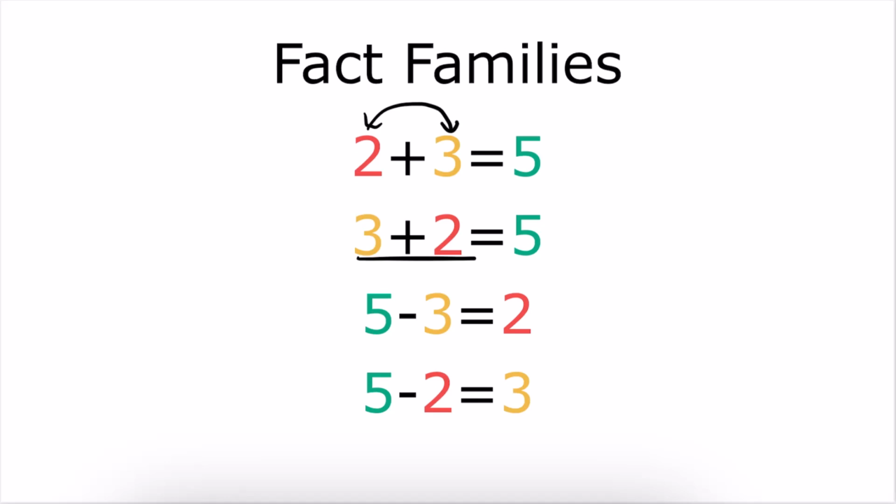So addition and subtraction are inverse operations because they undo each other. And so the addition fact 2 plus 3 equals 5 can be rewritten as 5 minus 3 equals 2. Or you can also write it as 5 minus 2 equals 3. And so fact families can be a helpful way for helping students figure out missing values in math sentences.